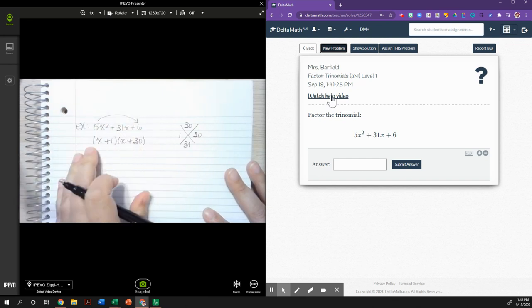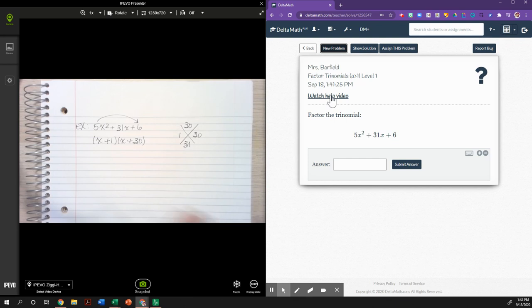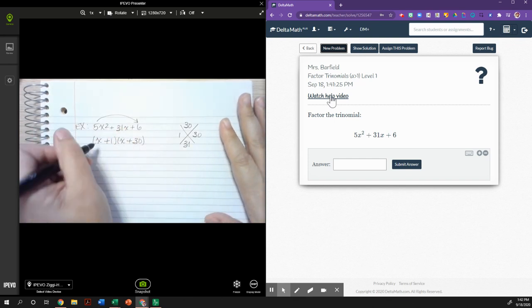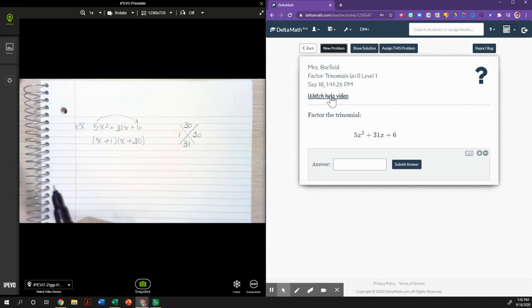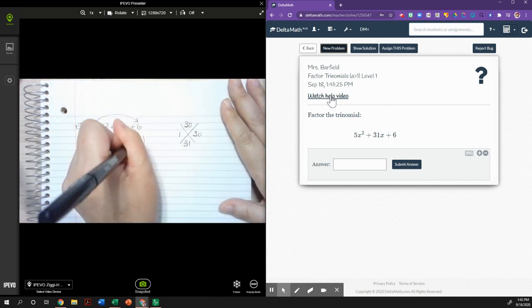And this is where Desmos would be a great check, because if you got here and you said, oh, I'm done, I'm good, but then you said to yourself, no, I'm going to type every single one of these into Desmos and check, you would see that these are not equivalent, that your two parabolas do not match. And then maybe that will stir you to say, oh, I've multiplied, so now I need to divide.